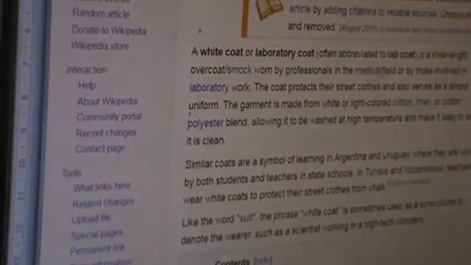Oh boy. Laboratory coat. The white laboratory coat.